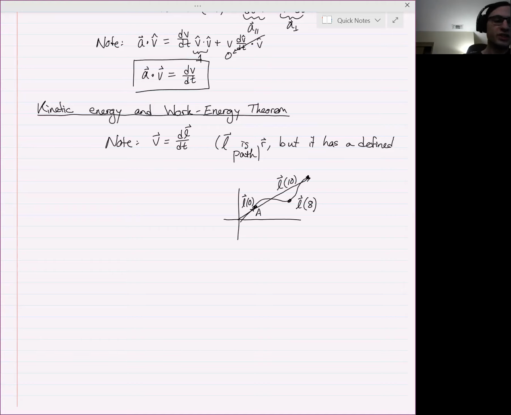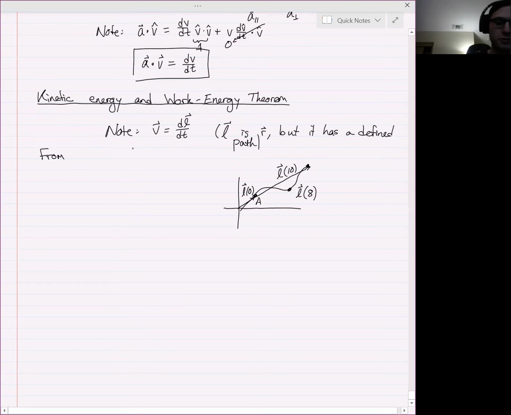Right, okay, so from before, we have v dv/dt is equal to a dot v. Sorry, I'm missing a v up here.